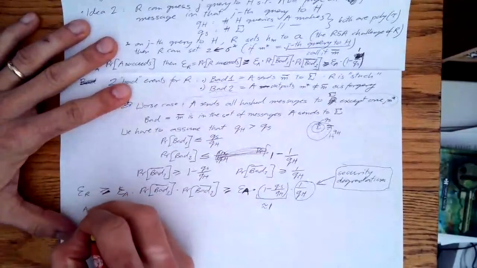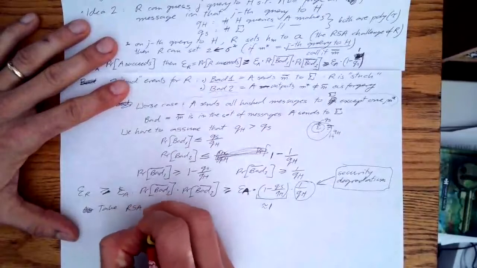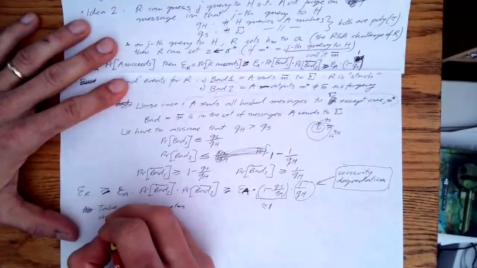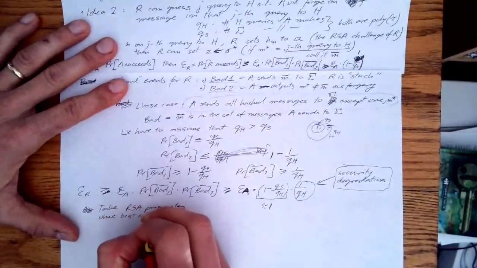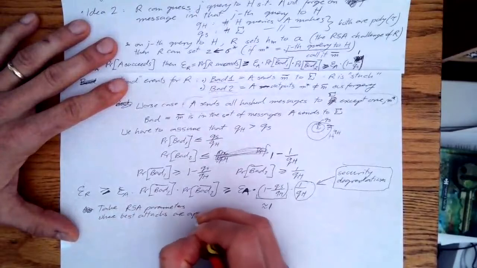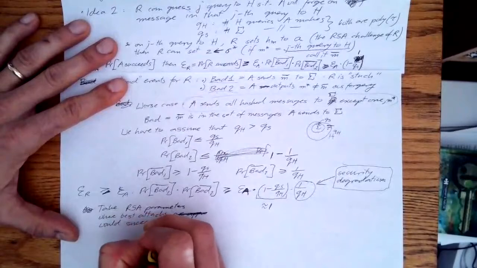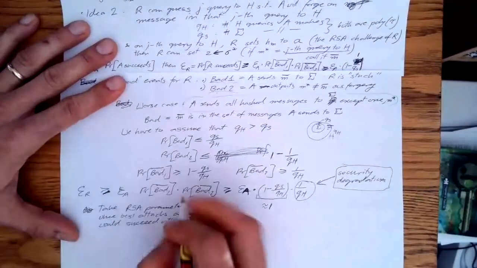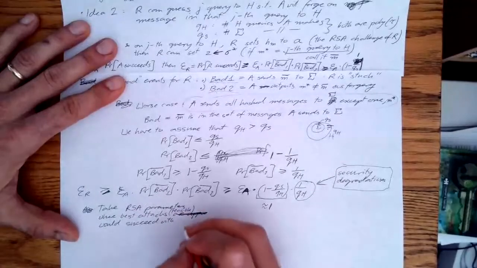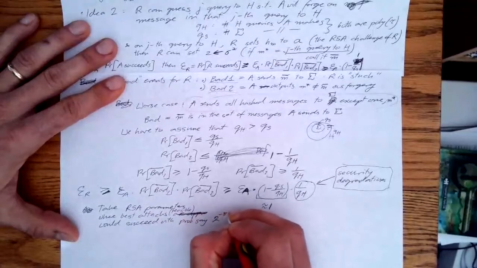Take RSA parameters where the best feasible attacks would succeed with probability, say, 2 to the minus 80.